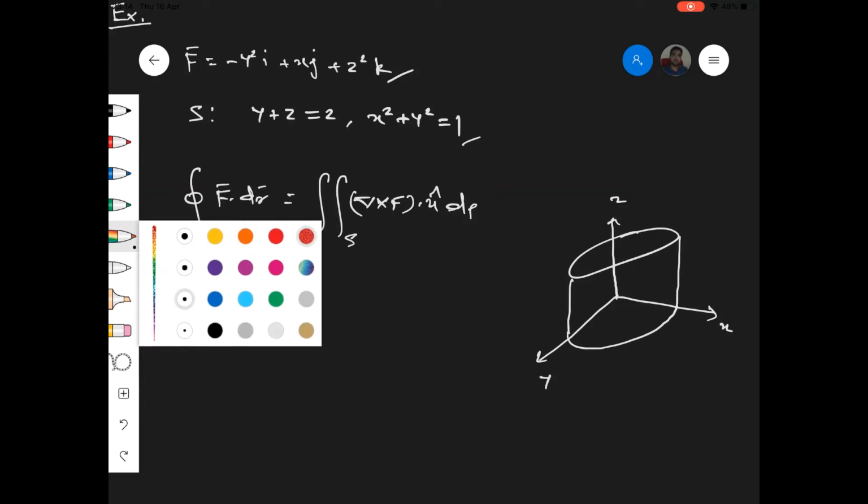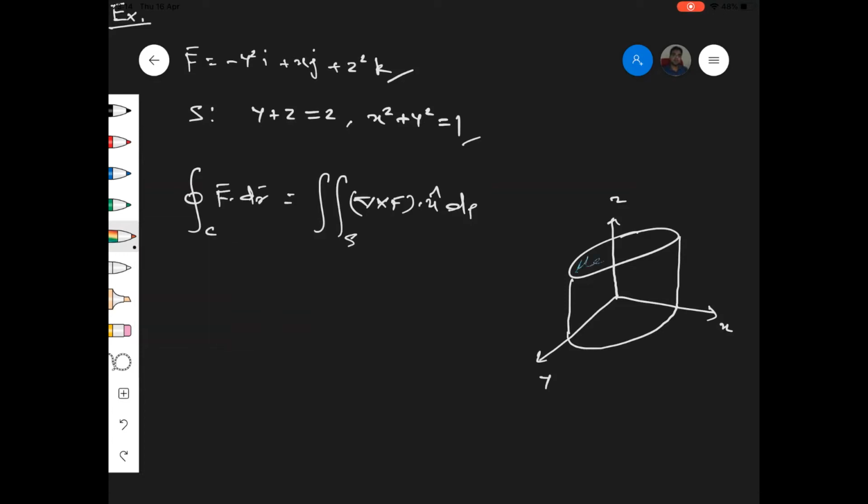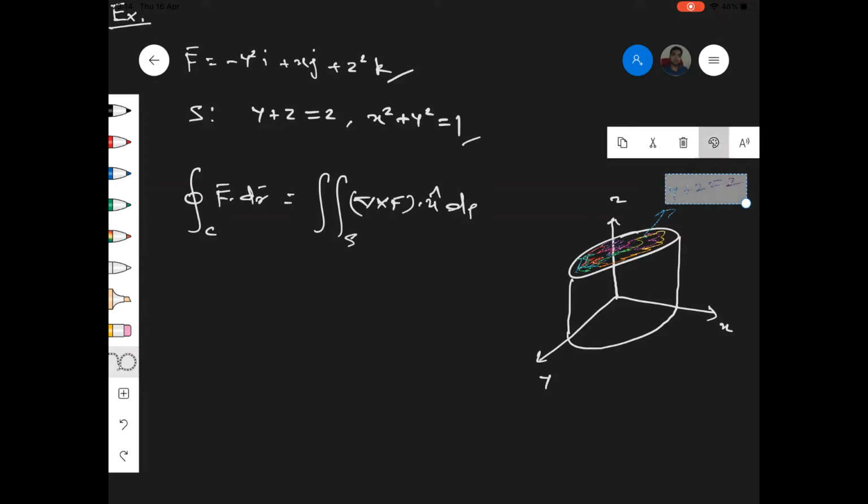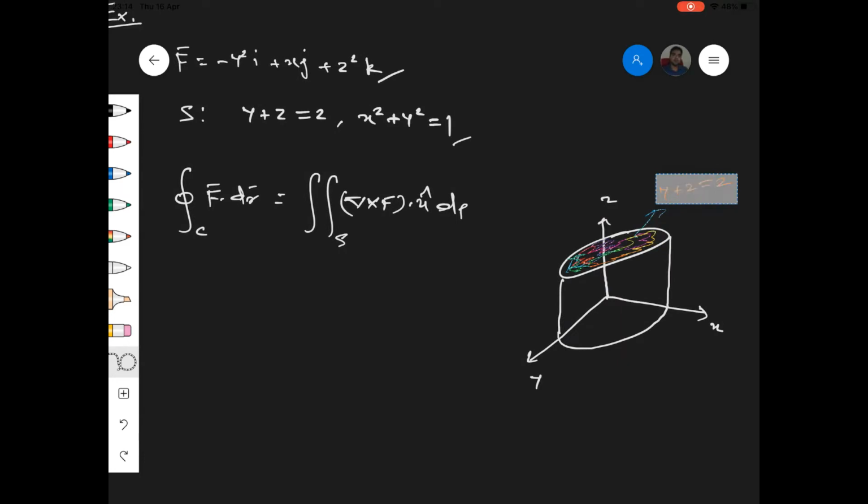So here this shaded region is the intersection of y plus z equals 2 with the cylinder x square plus y square equals 1.